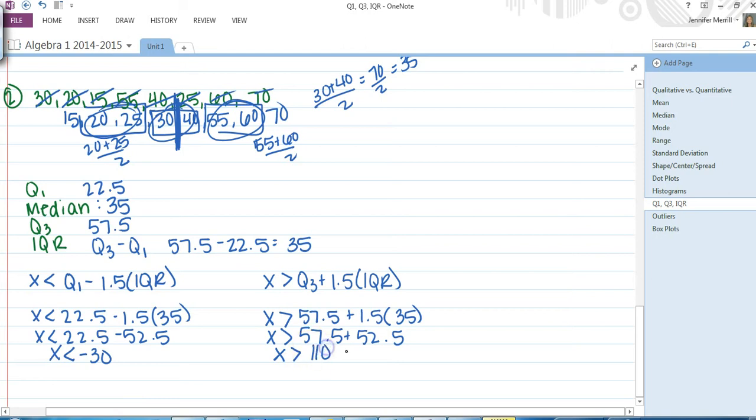Which is 110, and once again we do not have any outliers. If we did have outliers, we would just write down the outliers.